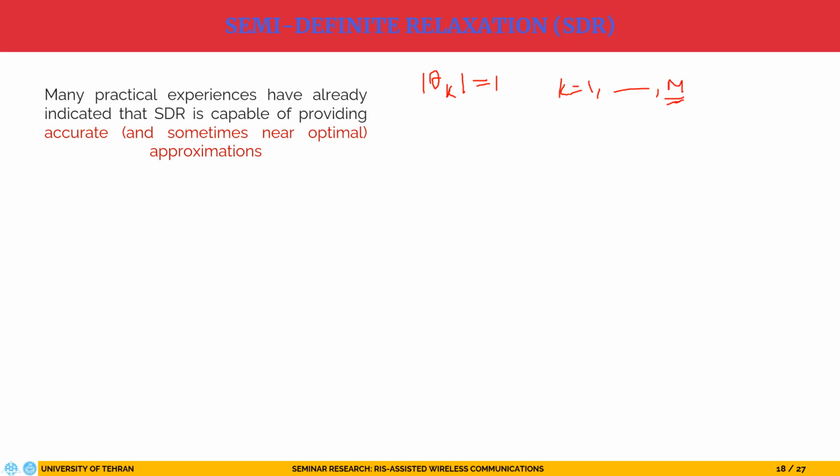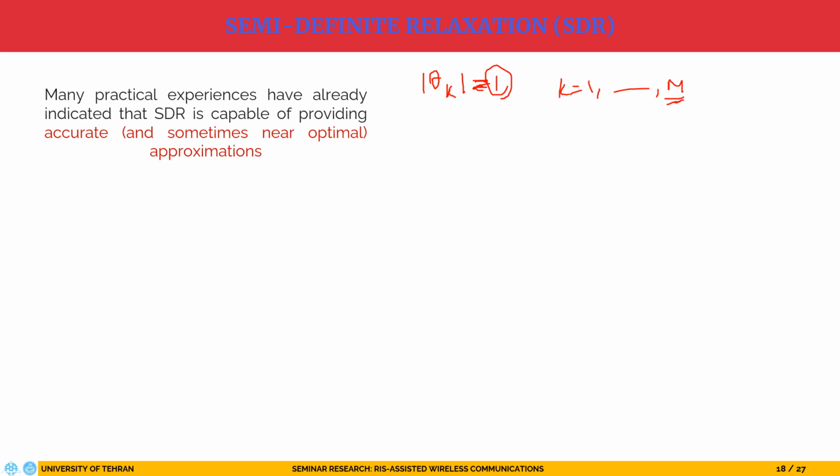So the magnitude of the phase shift should equal 1. This is because we assume that the IRS doesn't amplify the incident signal and just reflects it, okay? So the amplification coefficient is 1.